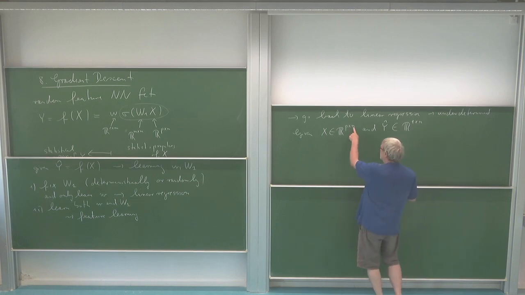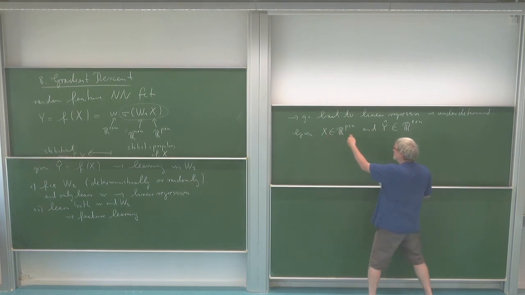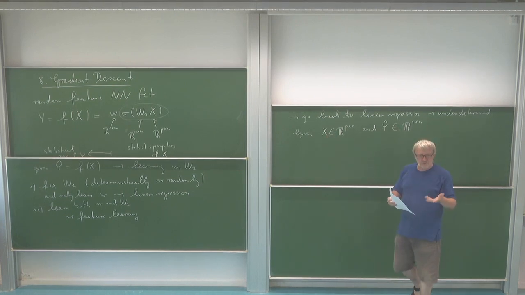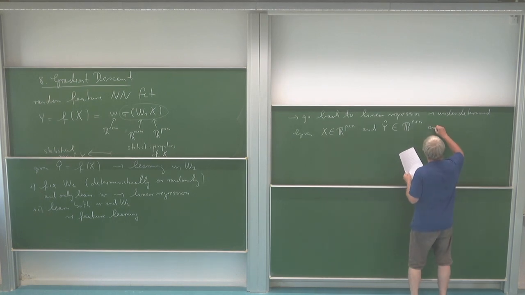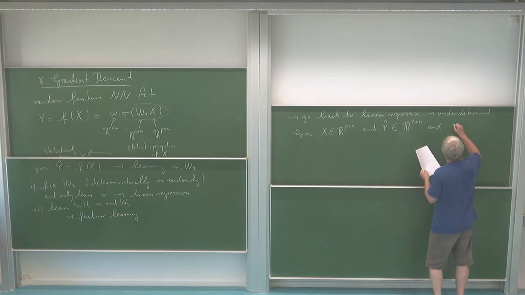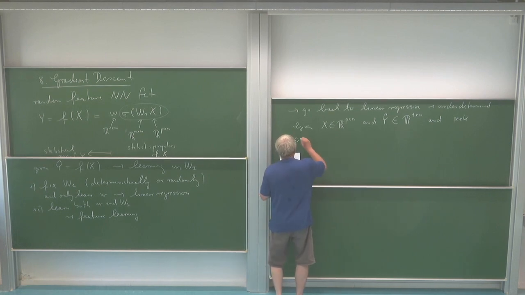So I'm putting in, for each column here, I get an output, and my function should reproduce this output. And the functions I consider are just linear functions, which are described by w, and I call it now w hat because that's the one which I'm looking for.